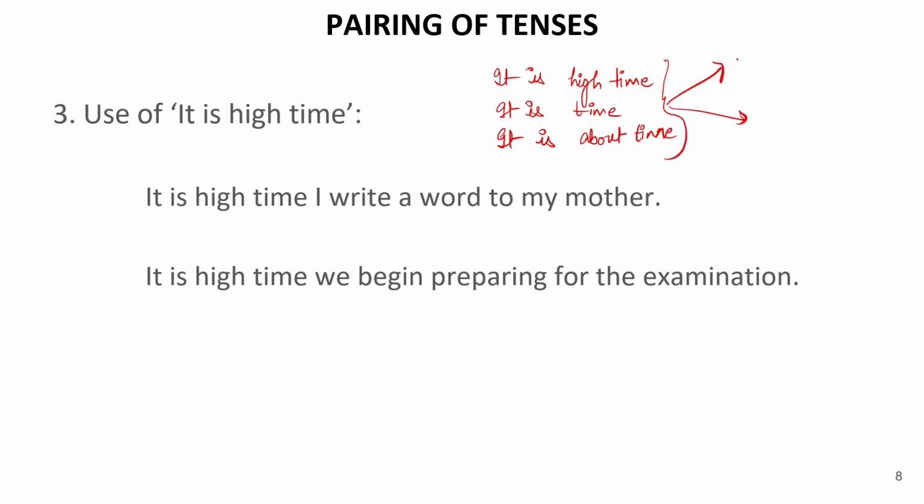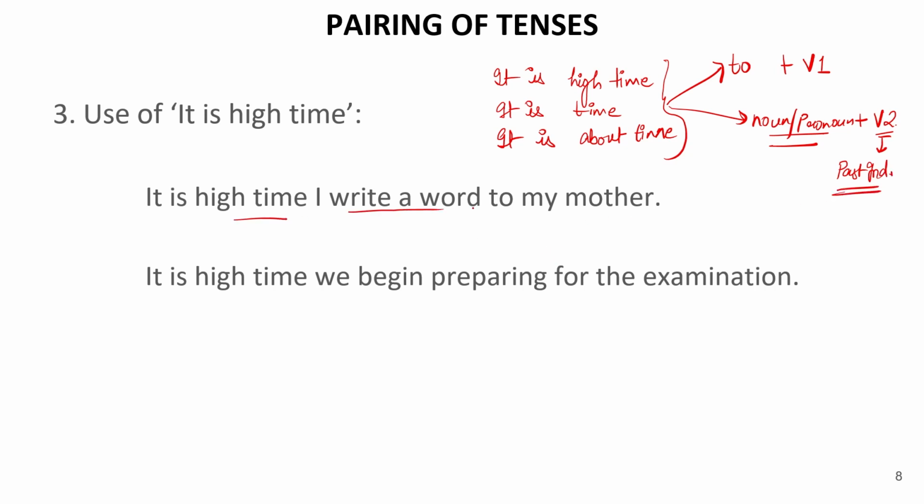Either we have to plus verb, or we have a noun or pronoun in the sentence. If there is to, we use verb first form. But if we have a noun or pronoun, we will use verb second form, that is past indefinite, or simple past tense only.